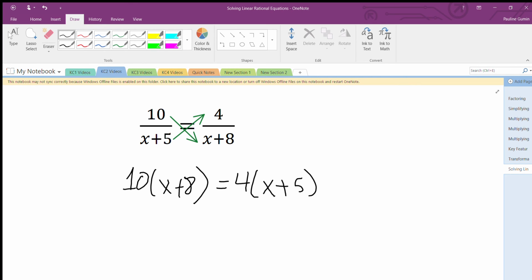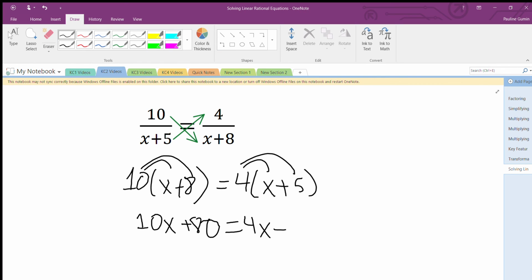Now, it doesn't matter which side I had written these on, so this could have been flip-flopped for you, and that would have been just fine as well. As long as the pair of things that are diagonal across from each other are together. All right, 10 times x is 10x, and then we have 80, 4x plus 20.